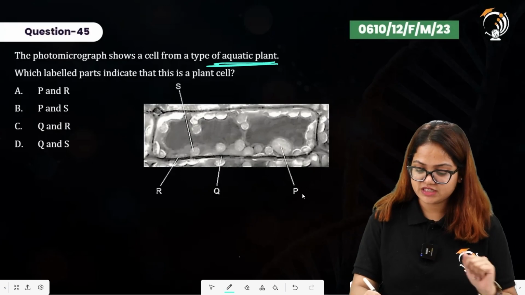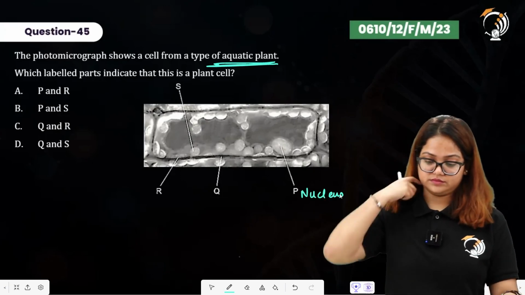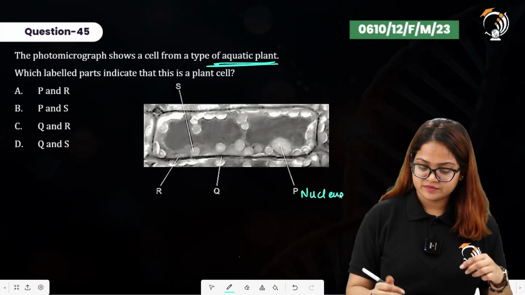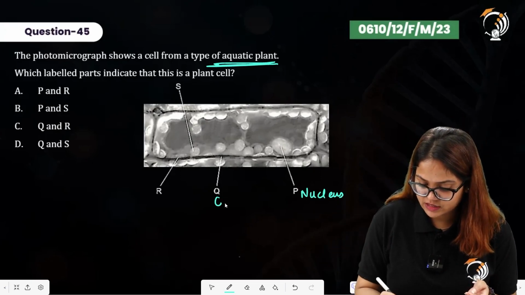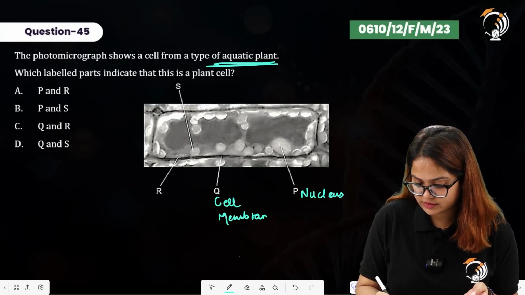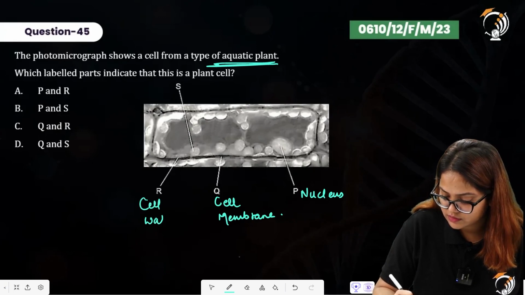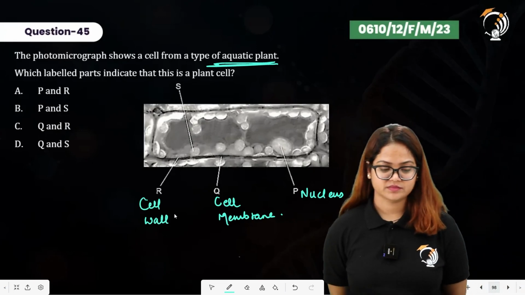P here represents the nucleus. Then Q here represents the cell membrane. R here represents the cell wall.